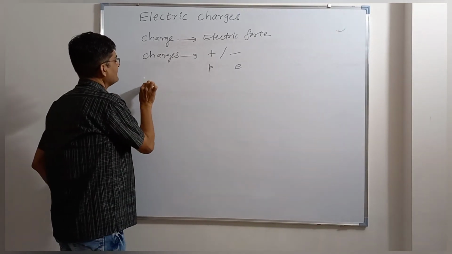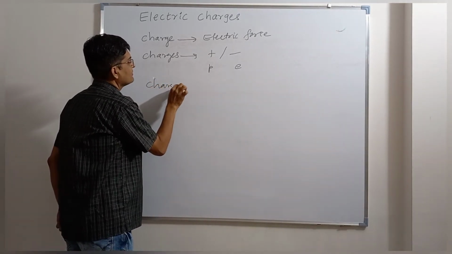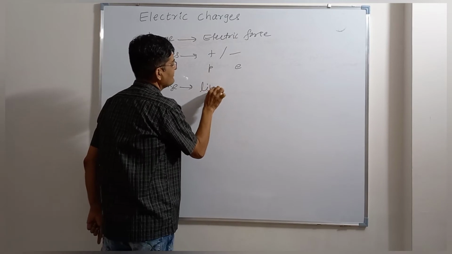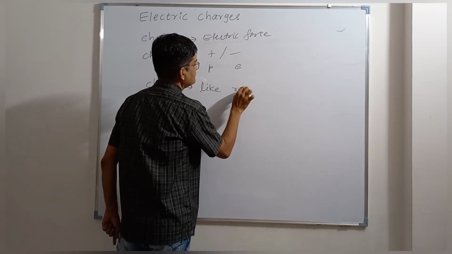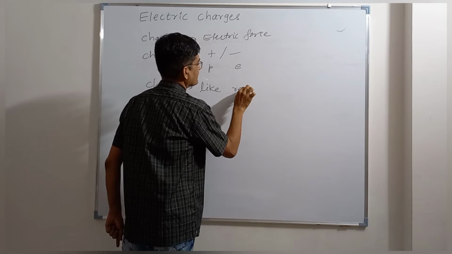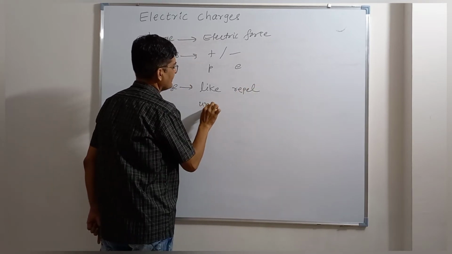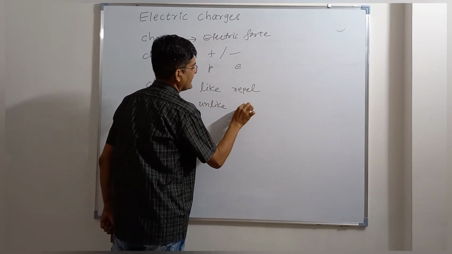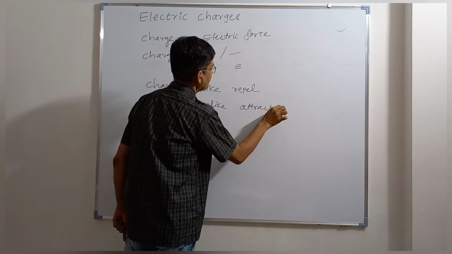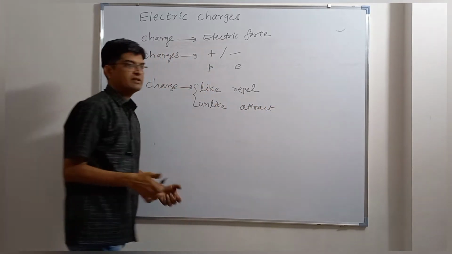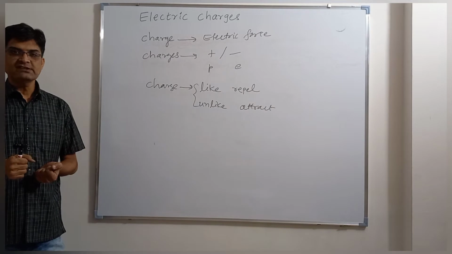We also know that like charges, that is same charges, repel, and unlike charges attract. That is what we have observed and accepted. There is nothing to challenge in it.